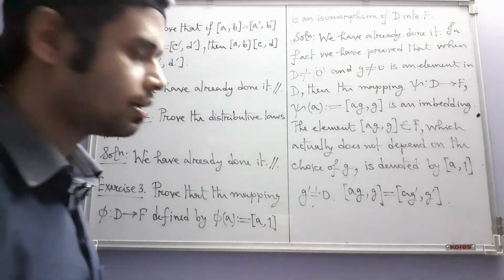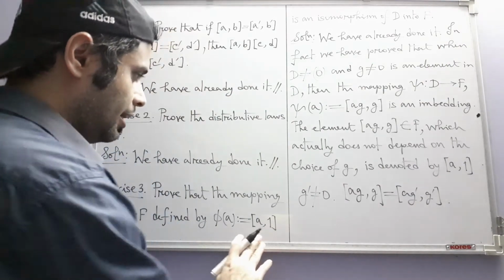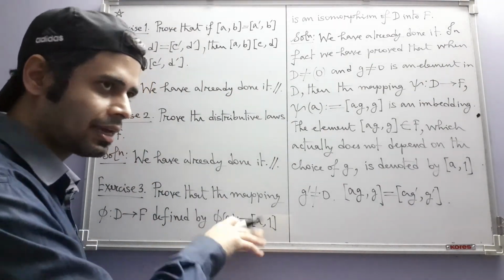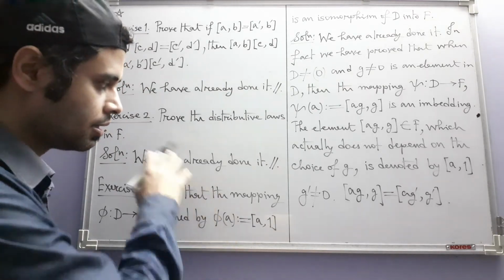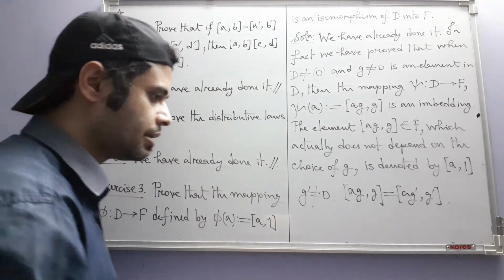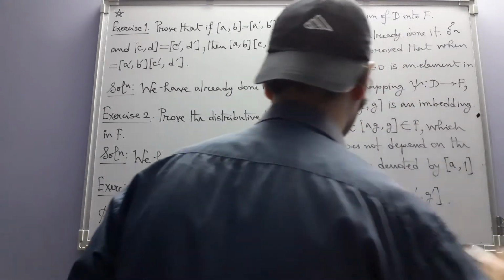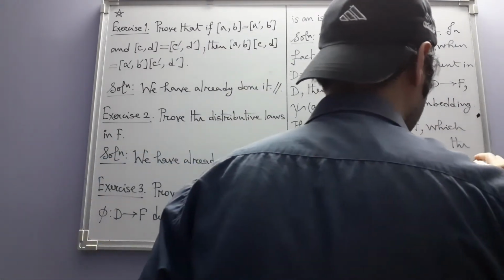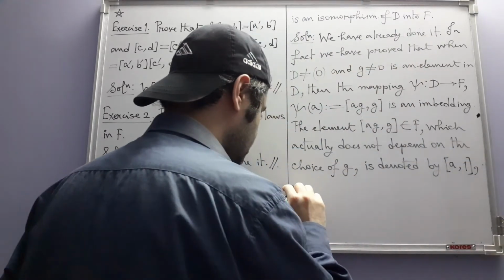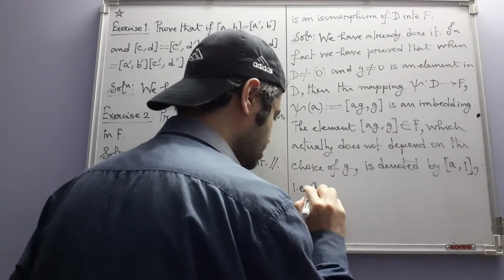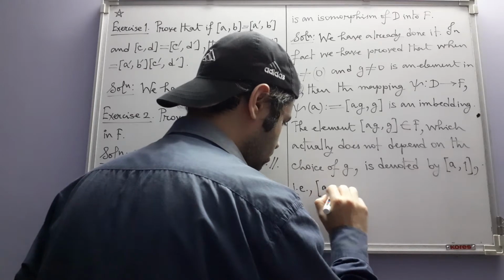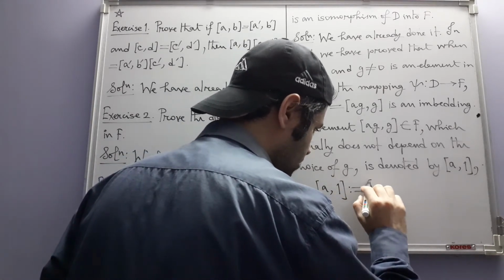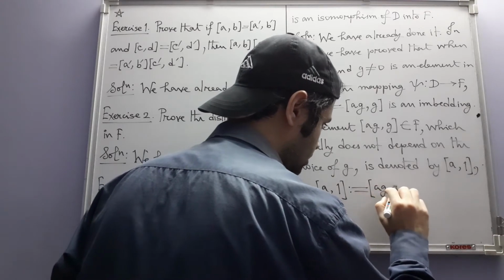That's it, nothing else. In fact, in the text, the proof mentions this. I have not mentioned it while proving the theorem, but it does not matter. Or we can further write a little more, that this is defined to be equal to this.